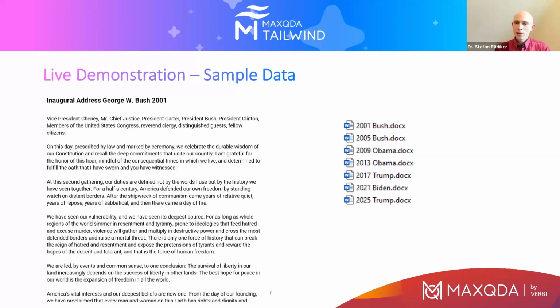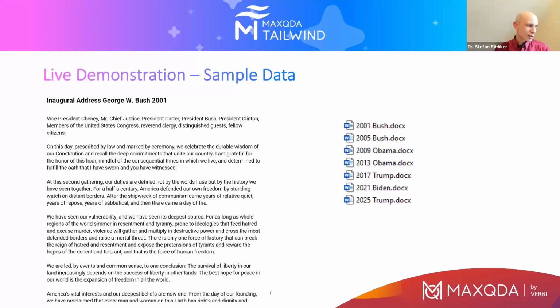Here I collected 7 of those speeches, starting in 2001 from George W. Bush to 2025 Donald Trump. This gives us an impression of what Tailwind can find out about those inaugural speeches in this temporal phase of 20 years that is covered by those inaugural addresses.